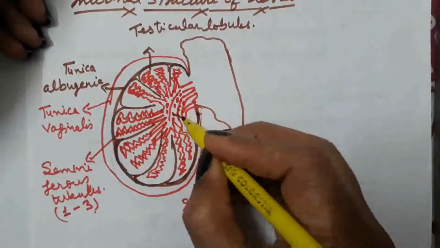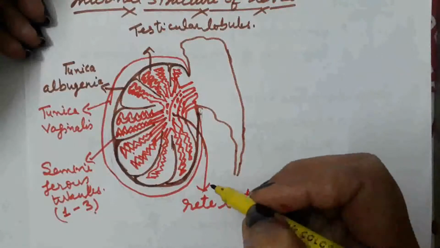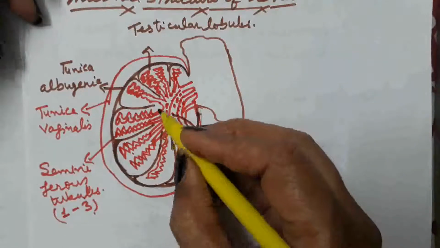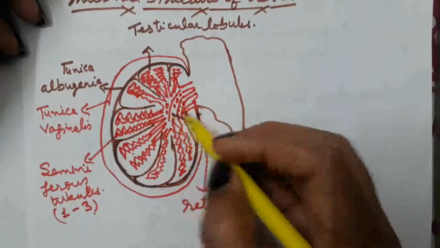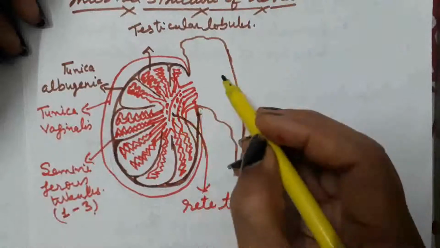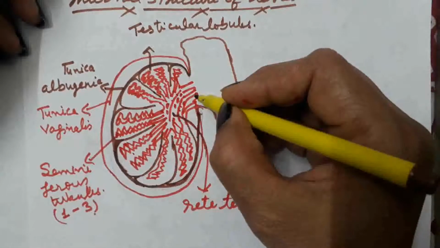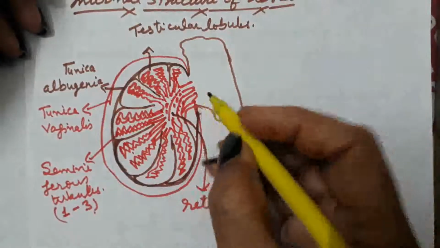This network-like structure is known as the rete testis. How is the rete testis produced? The straight portions of the seminiferous tubules form a network-like structure which we call the rete testis. The rete testis opens into the epididymis through the vasa efferentia.